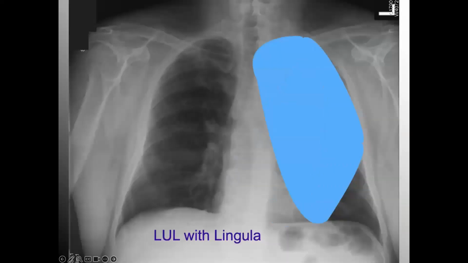Here is the left upper lobe with the lingula. Now, clinicians and anatomists alike will have differing opinions here, but that lingula is equivalent to the left middle lobe, even though we technically don't have a left middle lobe, as you know. But if they have a lingular infiltrate, atelectasis, whatever the case, pneumonia, this is the one that will silhouette with the left anterior cardiac border. And you lose your border, and you don't have an ability to clearly delineate where the heart stops potentially.